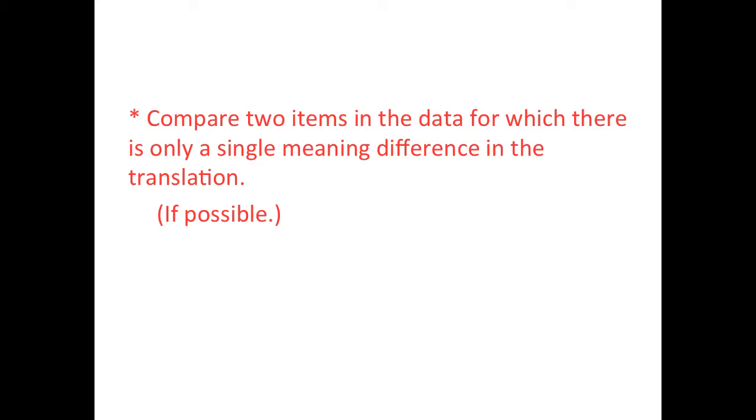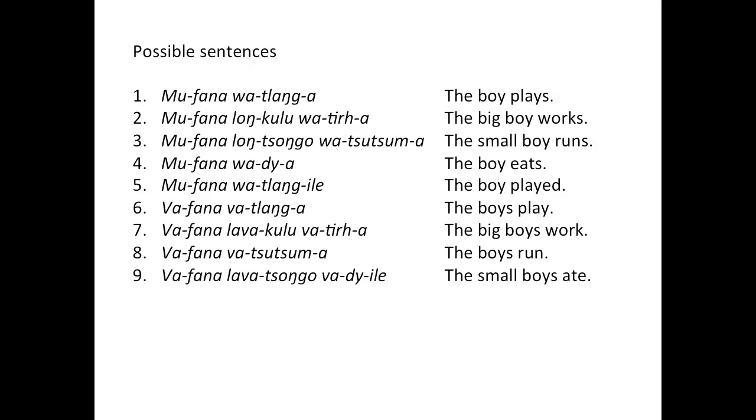Notice that this approach applies whether we are looking at morphology, just the different forms of words, or looking at sentences or phrases with more than one word. So, for example, item 1 translates as the boy plays, and item 5 translates as the boy played, with the same subject and verb, but a difference between present tense and past tense.